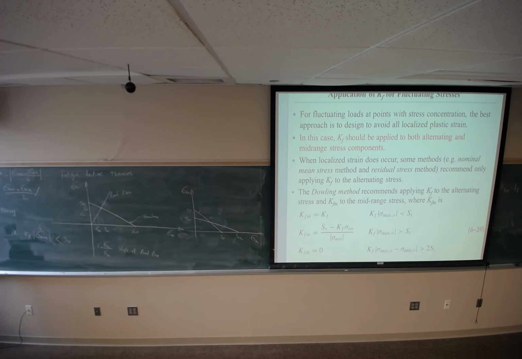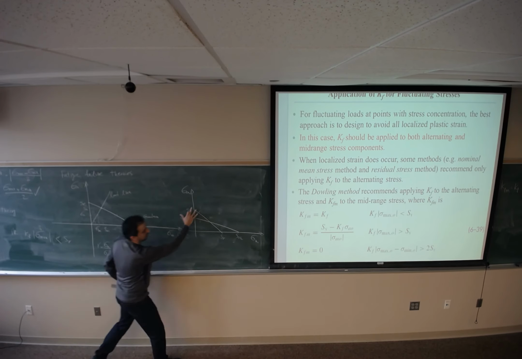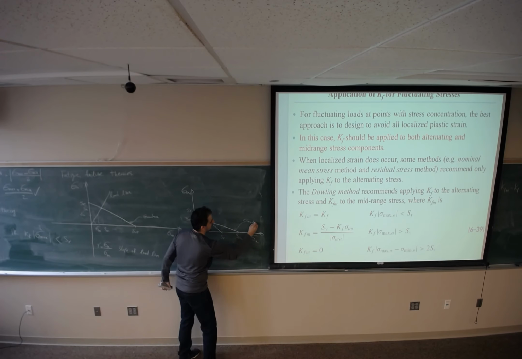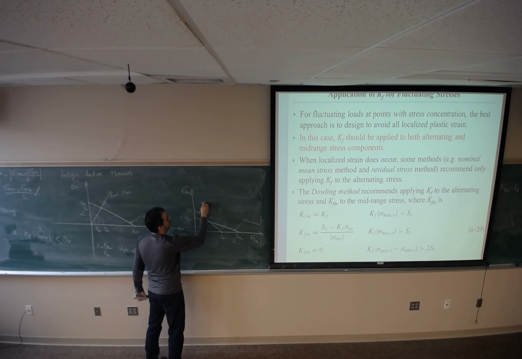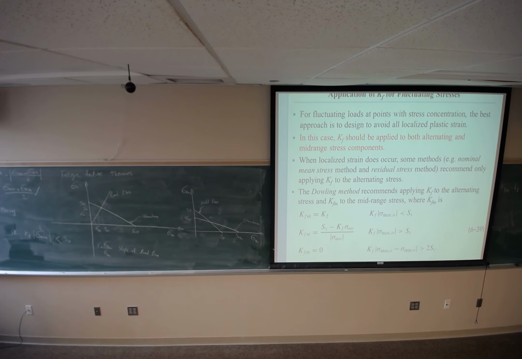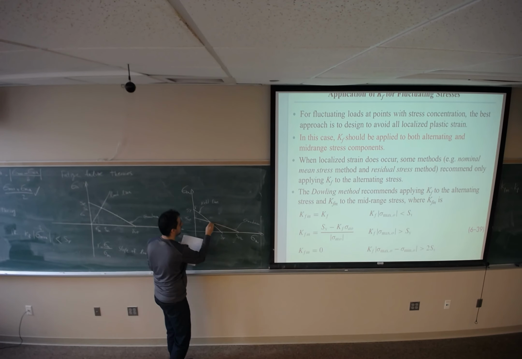Now I have these two lines on one plot. This is the Goodman line. This is the yield line. Let me just label some points. Point C is this point. Point F is this point. Point D is the intersection of these two.